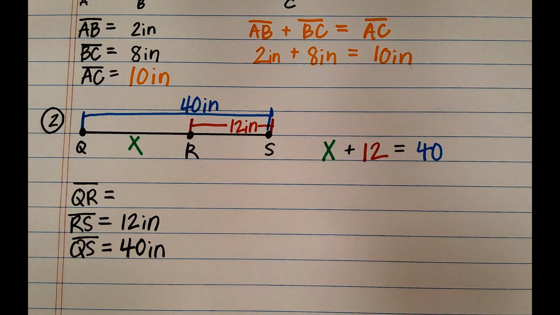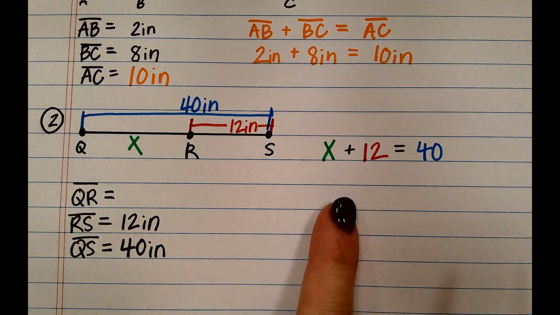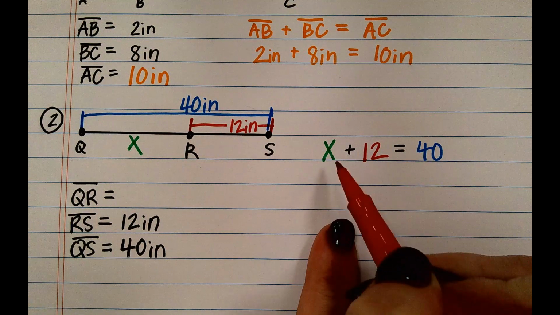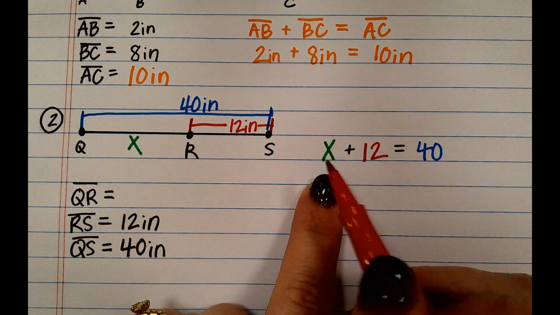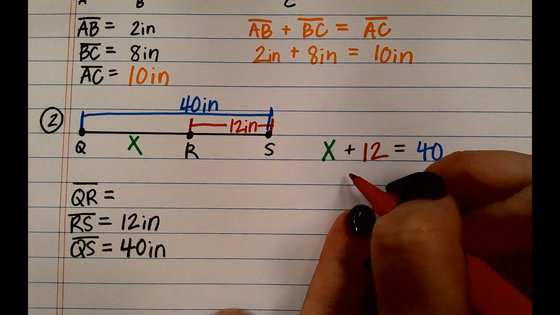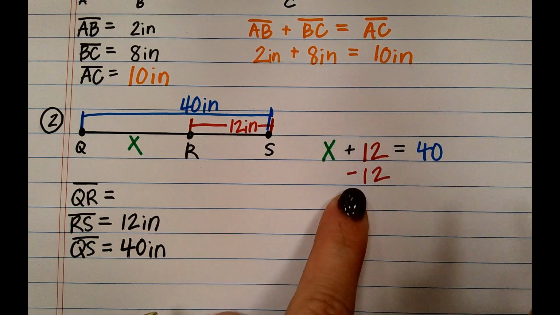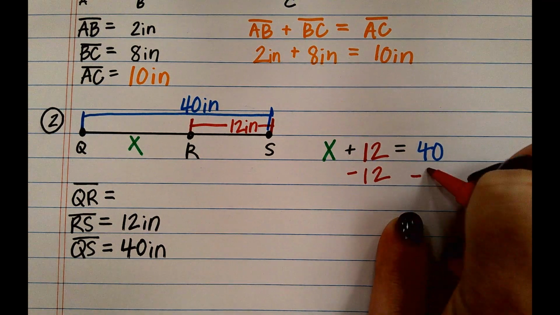And you want to always get the variable equals. Yes. So remember, this is way back to algebra. Always good to review. I have an equation, X plus 12 equals 40. Well, I want to get X equals something. So we got to get rid of that plus 12. Minus 12. Whatever I do to one side, I have to do to the other side. Minus 12.